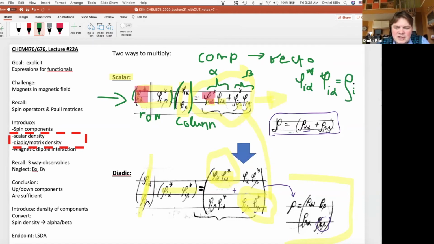So it's probability density for the alpha, or we can call it phi_i alpha absolute value squared. So it will be the contribution to the density from orbital alpha. Make sense? No one objects? And the second term will be the contribution to the density from orbital beta.